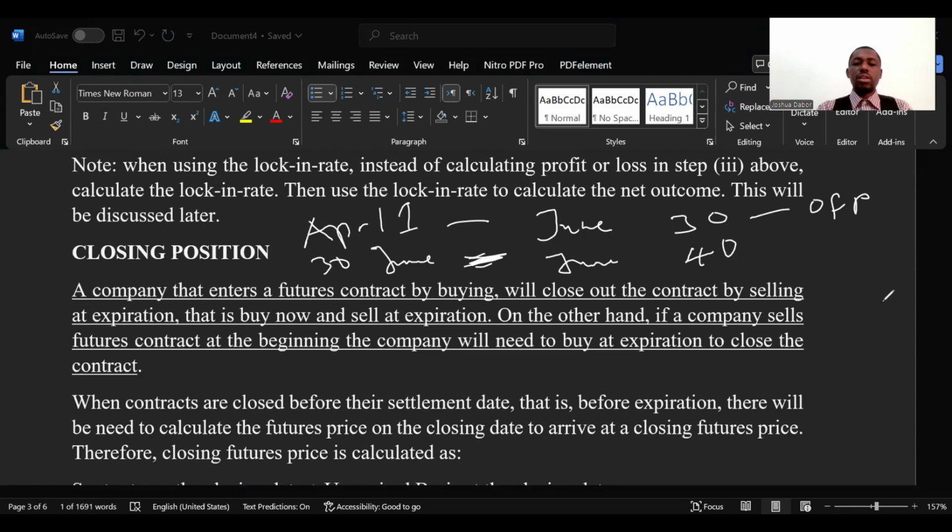So I opened by buying when the price was 30. Now my closing futures price on the contract expiration is now 40, to make it simple. So if you open by selling, you close by buying. If you open by buying, you will close by selling.